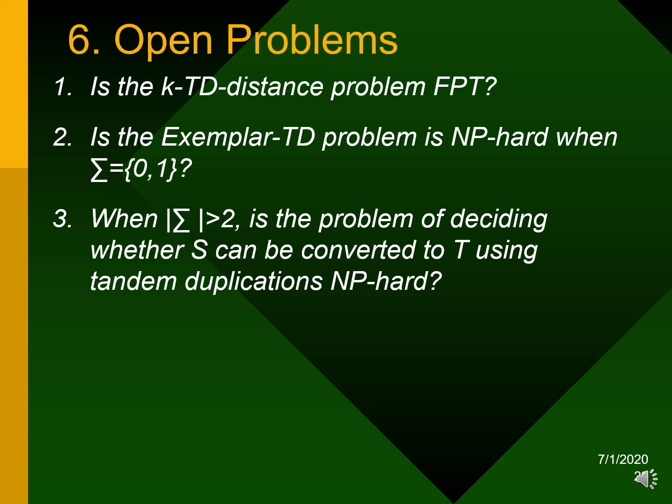Okay. Last one, this is on the decision question that I already asked a little bit earlier. For sigma of size at least 3, is the problem of deciding whether S can be converted to T using tandem duplications, I don't care what the number of duplications is, NP-hard? So these are the three outstanding open problems.